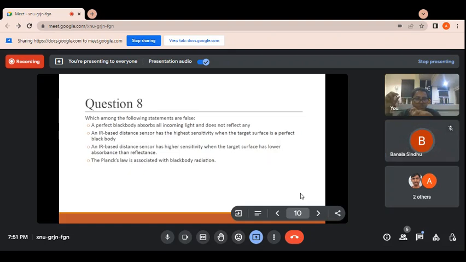What about the received signal? Here the transmitter is giving the signal to that black body. If it is absorbed, nothing reflects from it, so the receiver will receive nothing, or a small amount. If it is perfect, then it will receive nothing. So what about the sensitivity?